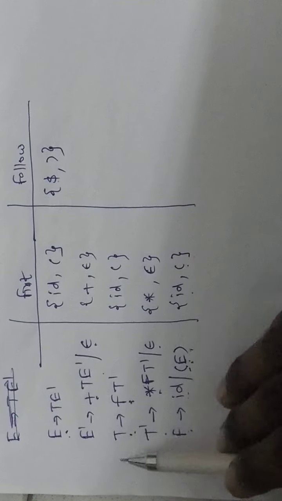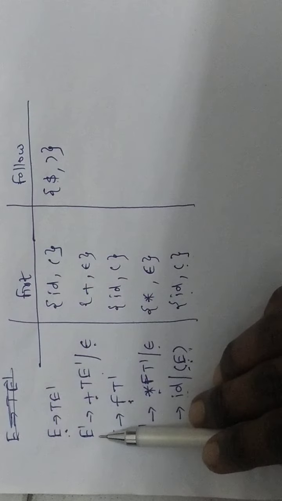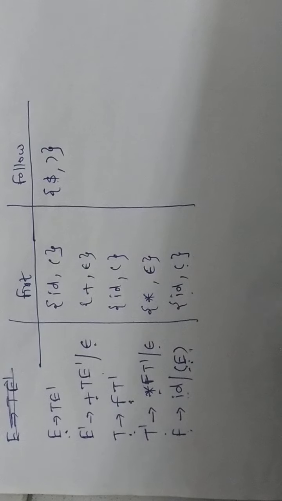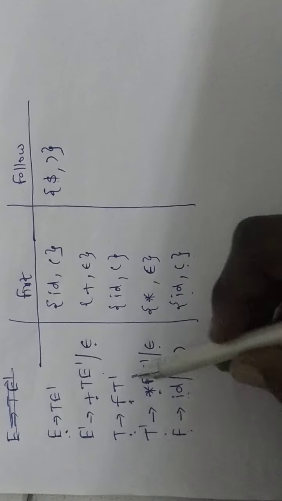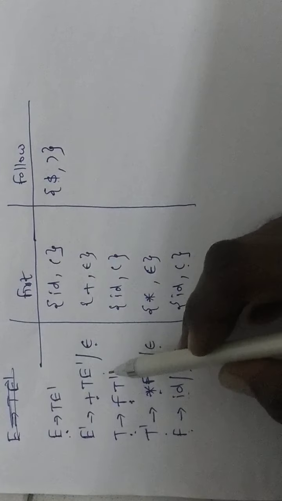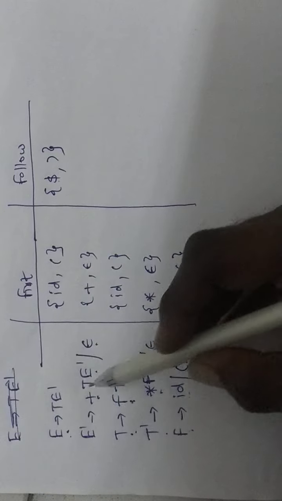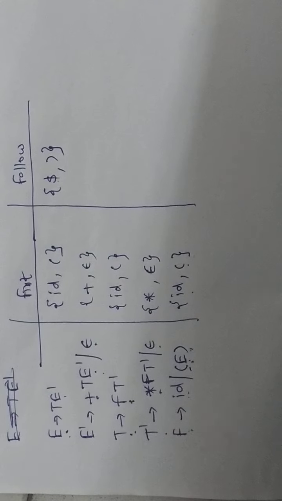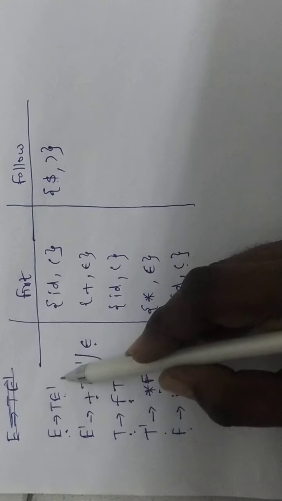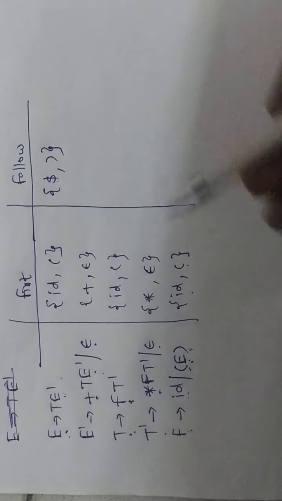Now when it comes to E dash, we have to find out wherever E dash is present. When you look for E dash, it is present here, and also here. After E dash, nothing is following.